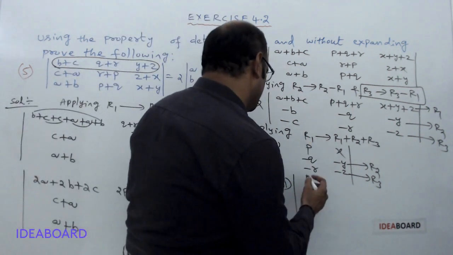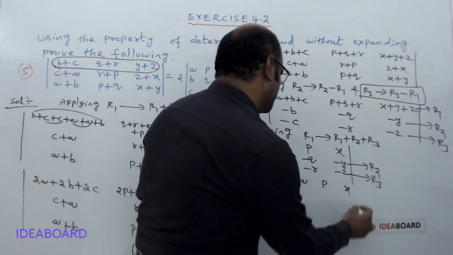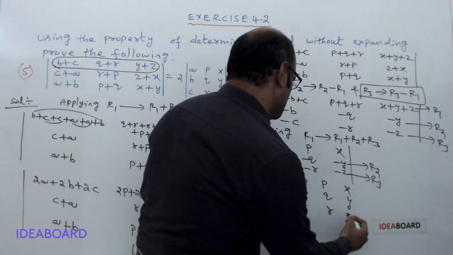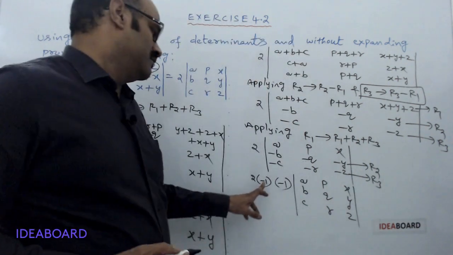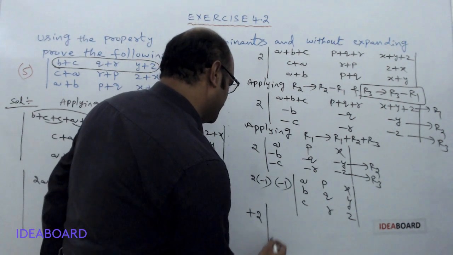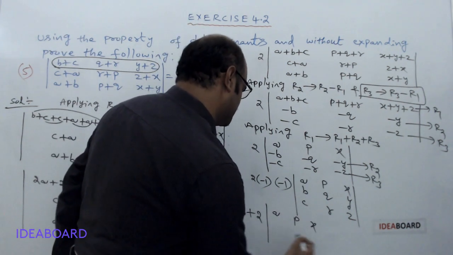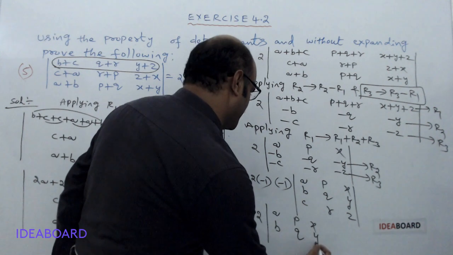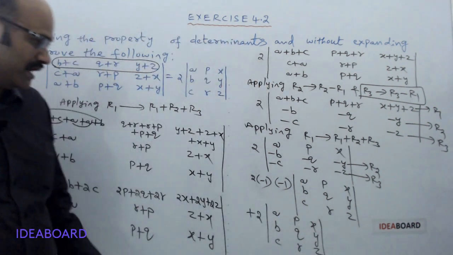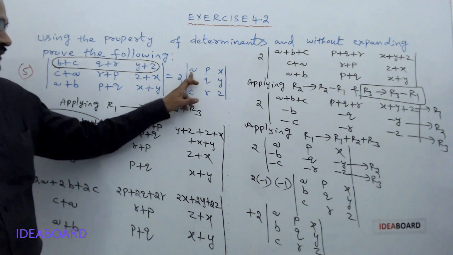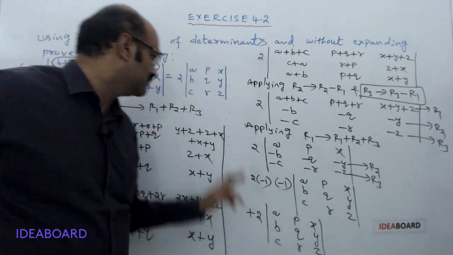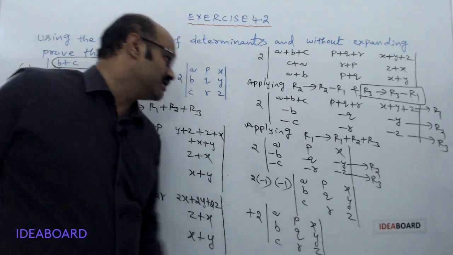Then we have determinant of A, P, X, B, Q, Y, C, R, Z. Minus into minus plus. So it implies plus 2 into determinant of A, P, X, B, Q, Y, C, R, Z. We have to prove that 2 times determinant of A, P, X, B, Q, Y, C, R, Z. Hence proof.